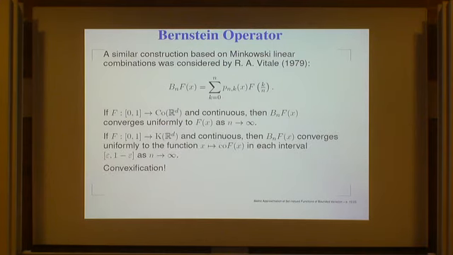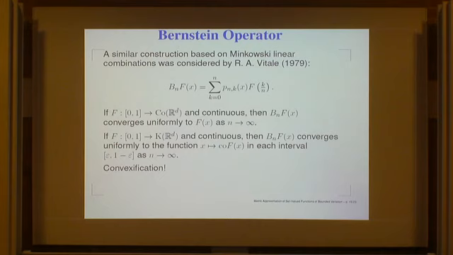But if you don't have the convexity, this is his result also, if f is just a function with compact images and continuous, then this sequence of Bernstein operators uniformly converges to the function which is the following: x maps to the convex hull of f of x.